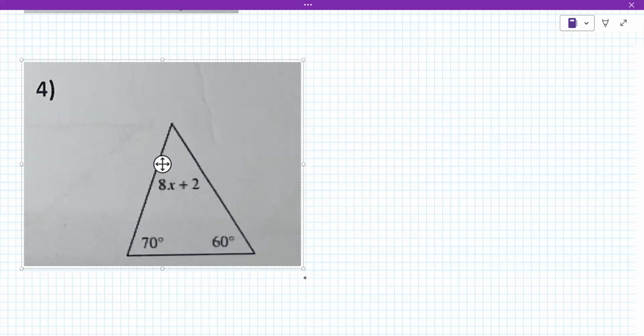X equals 6, right? Yes, and the reason that worked is the missing angle has to be 50 degrees. So 6 times 8 plus 2 ends up being 50 degrees, which is exactly what we want. Perfect. All right. So did you want us to do 5 and 6 or move on?